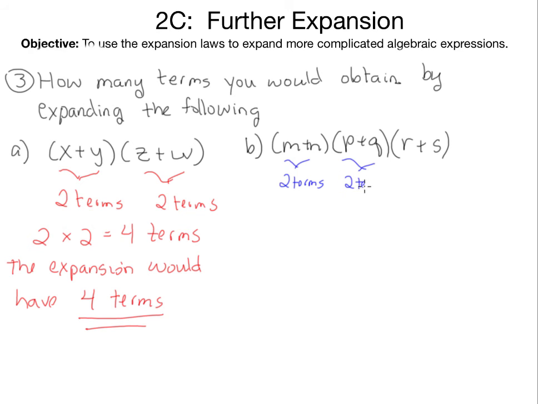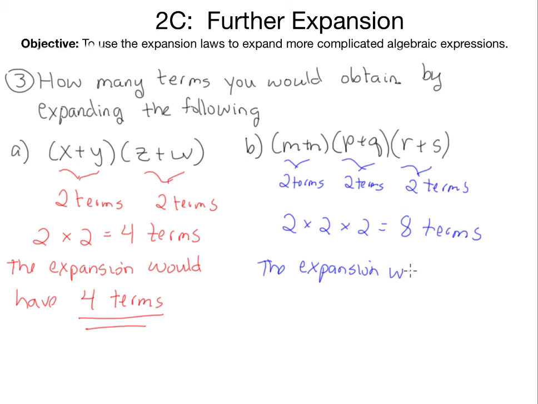And then I have 2 terms in this second parentheses. And the third parentheses also has 2 terms. So I know my answer should have 2 times 2 times 2 terms, or 8 terms. So I would say the expansion would have 8 terms.